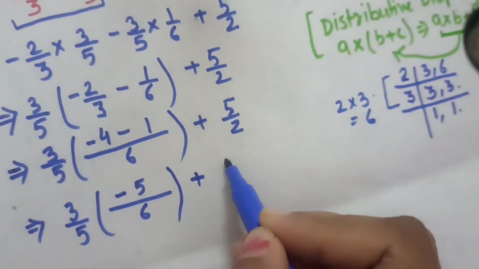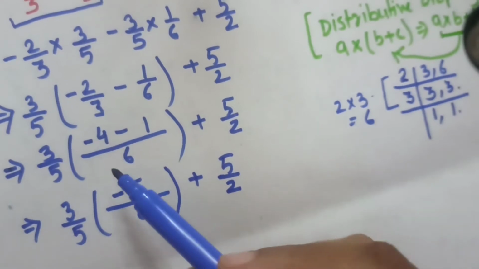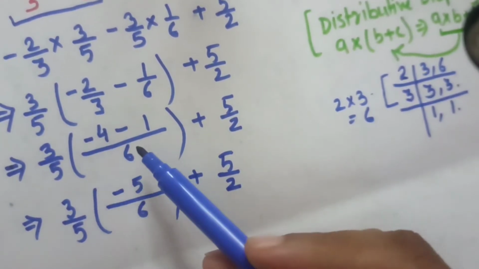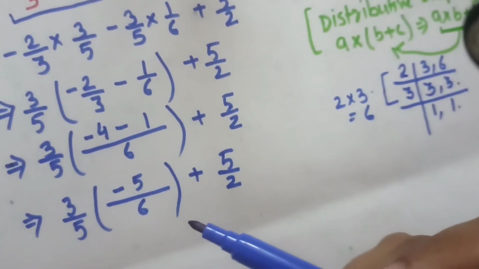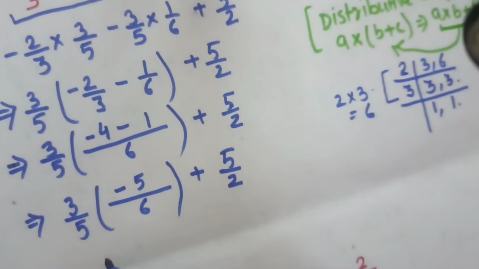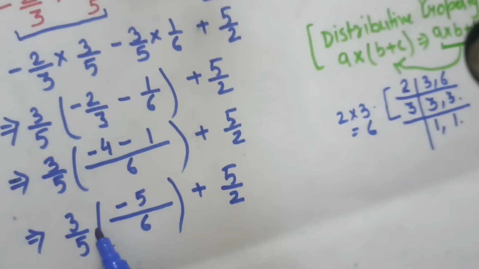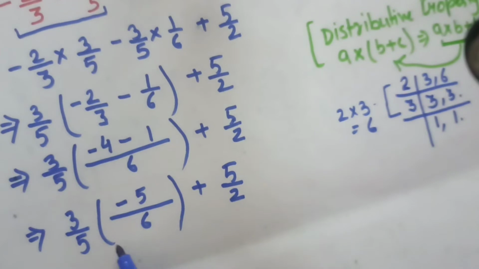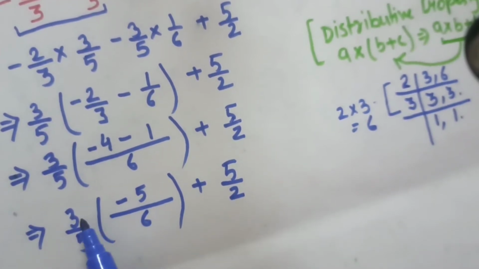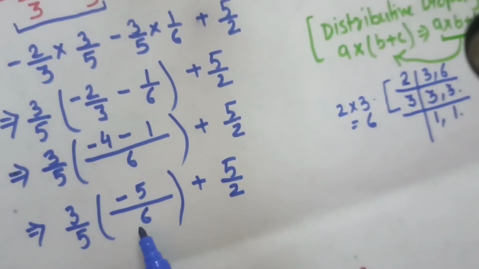I hope you know what happens when we multiply minus and minus, minus and plus. If you don't, just let me know, I'll make another video for that. Because there is no sign here, we will assume that these two numbers are multiplying with each other. Whenever there is a bracket and there is no sign in between any of the numbers, we will assume that these two numbers are multiplying with each other.